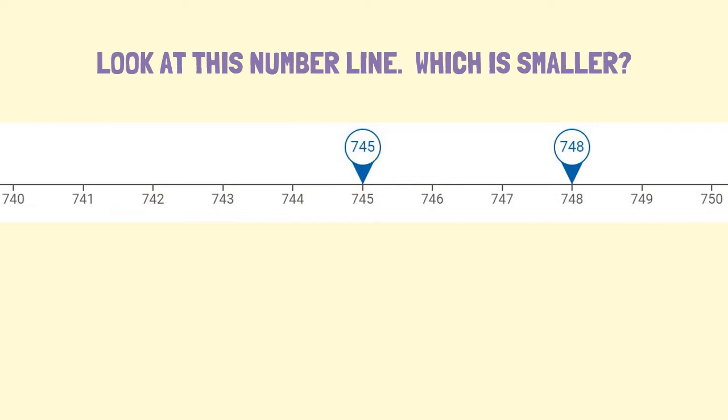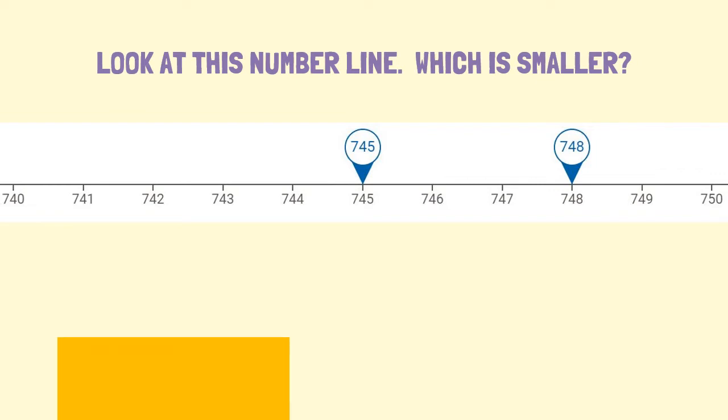So, the number line starts from the left to the right. And look at the two numbers I point. On the left side is 745, right? On the right side is 748.